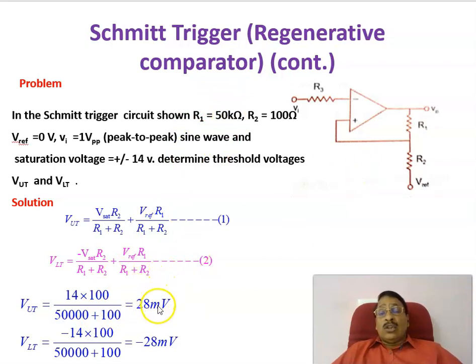Therefore, the upper threshold voltage equals 28 millivolt and the lower threshold voltage VLT equals minus VUT, which is minus 28 millivolt. So when the reference voltage is zero, the upper threshold voltage is equal to minus of the lower threshold voltage: 28 millivolt and minus 28 millivolt.